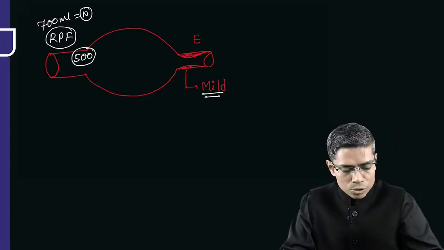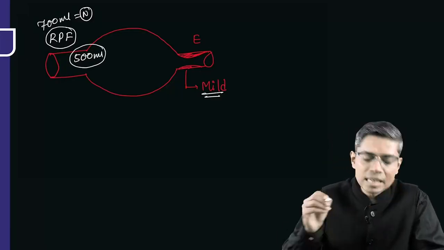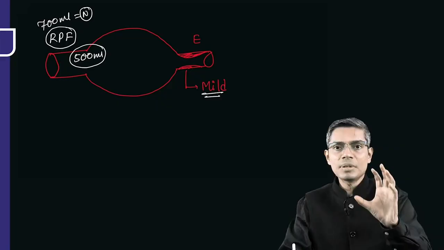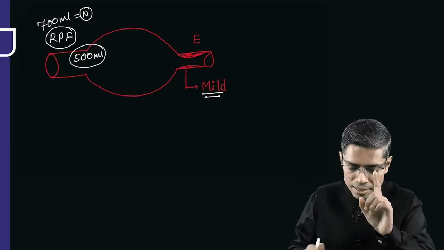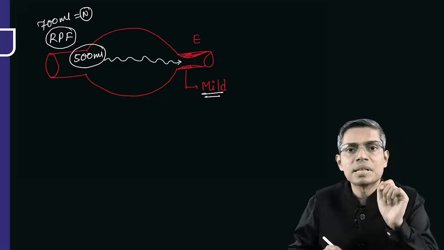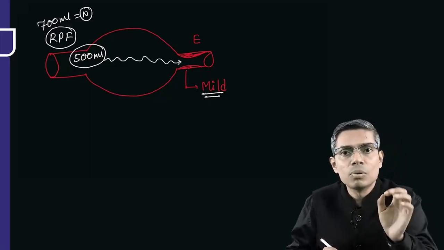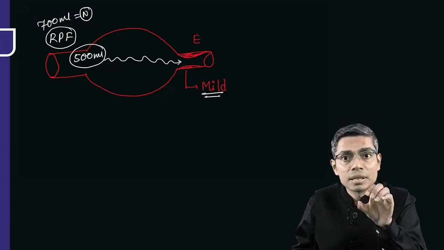Suppose now this reduction is to 500 ml. Getting my point? So because of the reduction of this renal plasma flow, now this is 500 ml. So 500 ml plasma is flowing inside this glomerular capillary in 1 minute, and when this plasma is trying to go out of this efferent arteriole, it will not be able to go out easily because you have constricted the efferent arteriole. Getting my point?